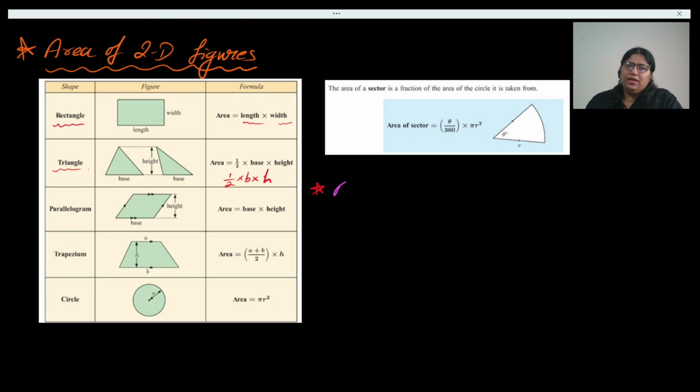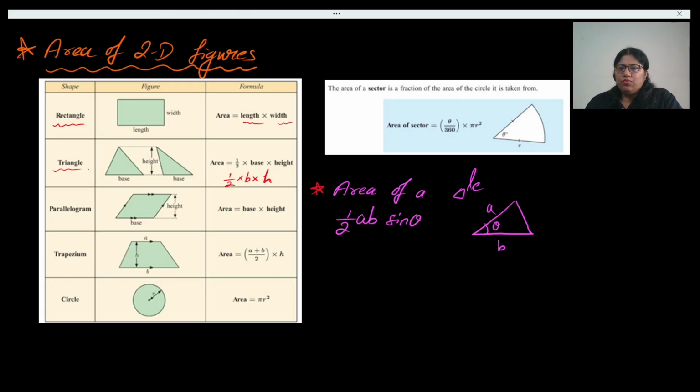If I'm taking the area of a triangle, you need to always remember that we can take it as half AB sine theta, where A and B are the two sides of a triangle and theta is the included angle, right? So if A and B are the sides, the angle between A and B is called theta. We generally take half AB sine theta because this will be integrated with trigonometry also.